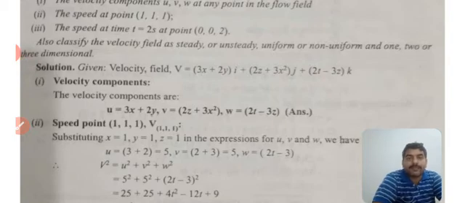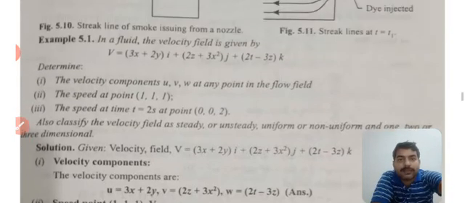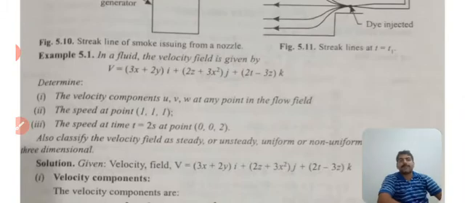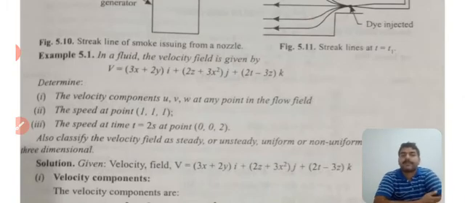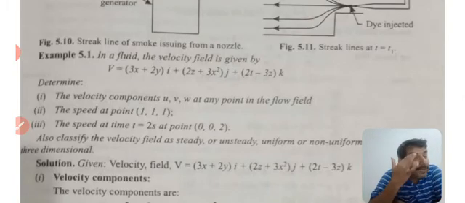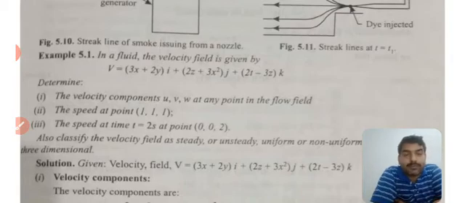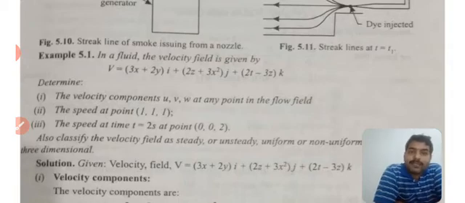This is a small example based on flow of fluids. The velocity is V = (3x + 2y) i + (2z + 3x²) j + (2t − 3z) k, where i, j and k are the unit vectors.